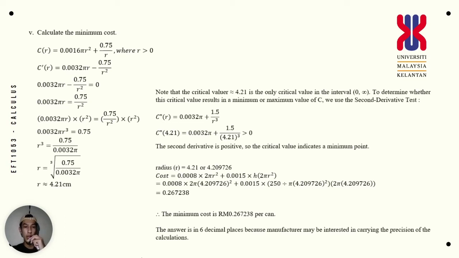But then we need to substitute the radius into the cost calculation, cost equal to 0.008 times 2πr² plus 0.0015 times h times 2πr².